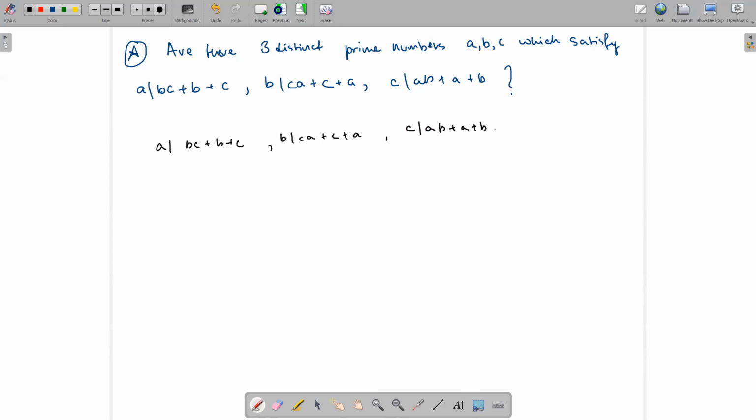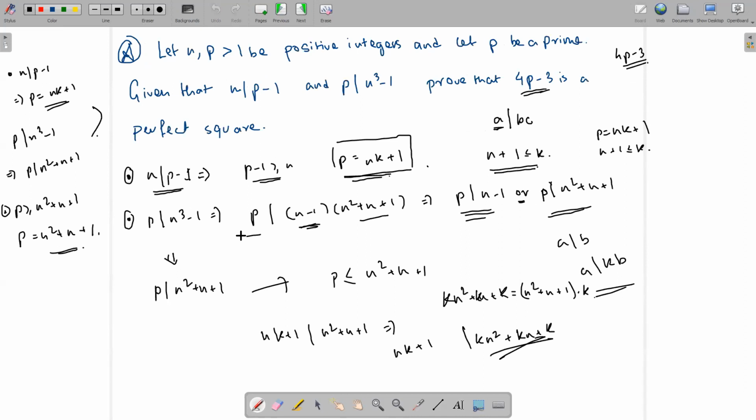So the last problem was about inequalities and bounding, using divisibility.